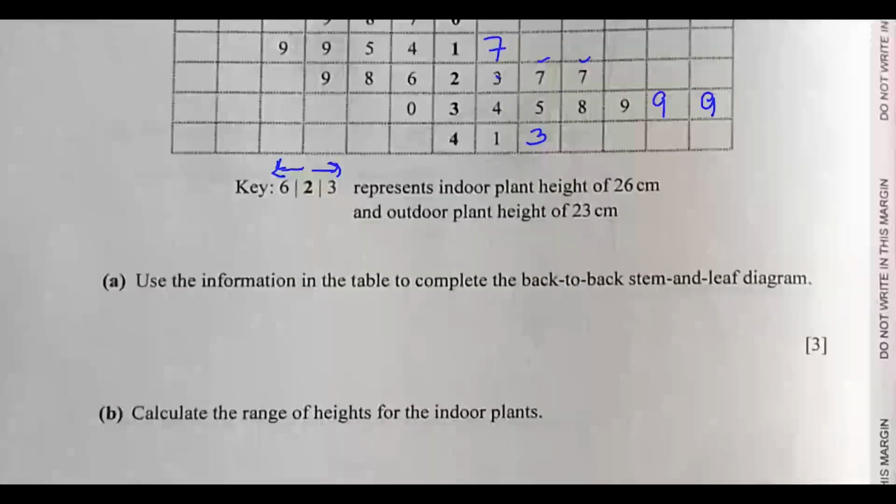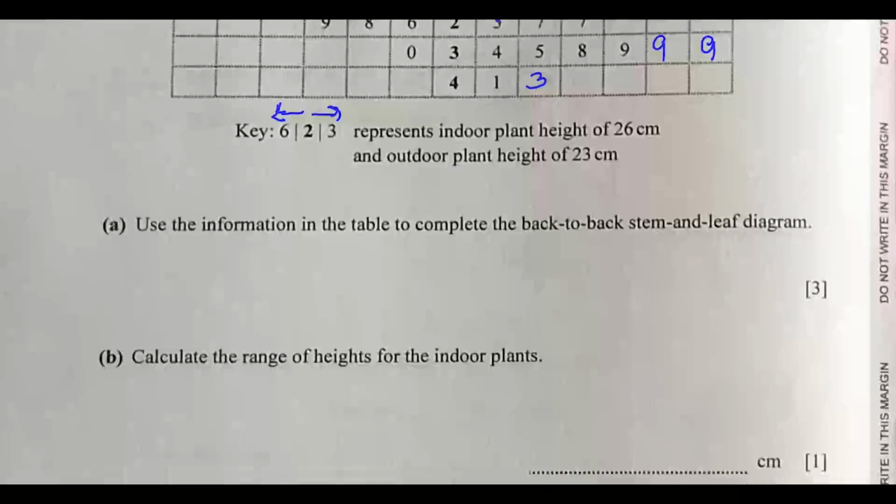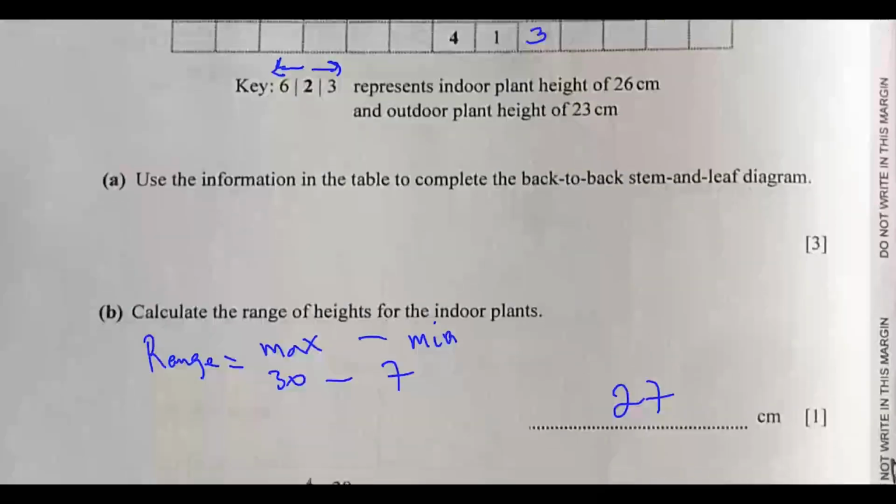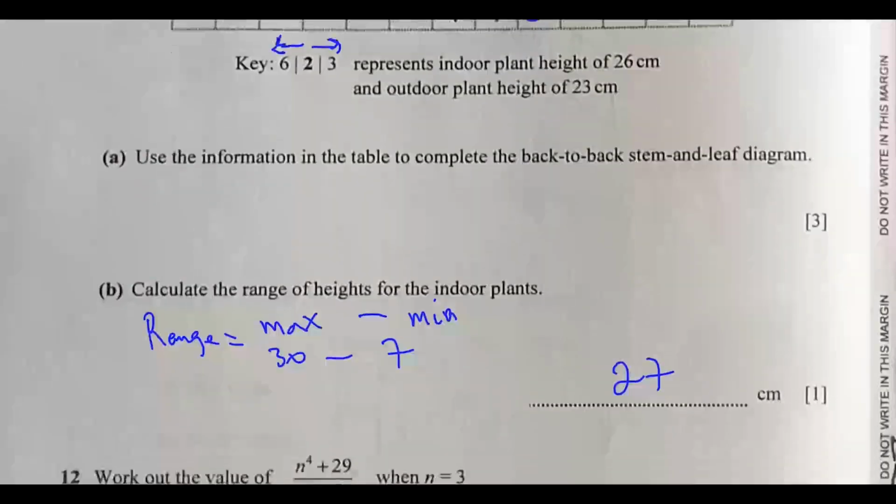So we can scroll down. The range will be equal to the max minus the min. The max is 30 minus the min, that's 7. This will give us 27 centimeters. So that will be the range of the indoor plants.